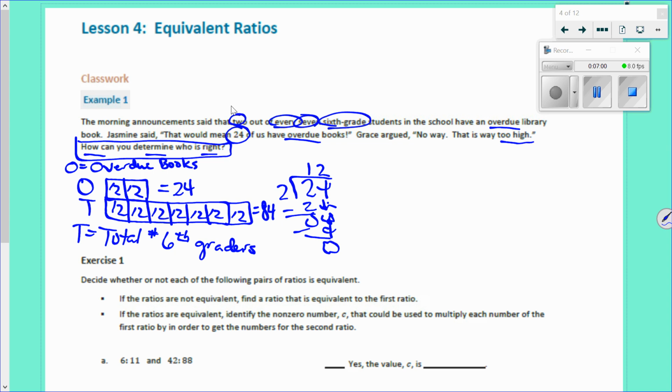Okay. So again, how can I determine who is right? Does looking at the tape diagram give us the answer? Do you guys really want to know why you're all struggling so much?